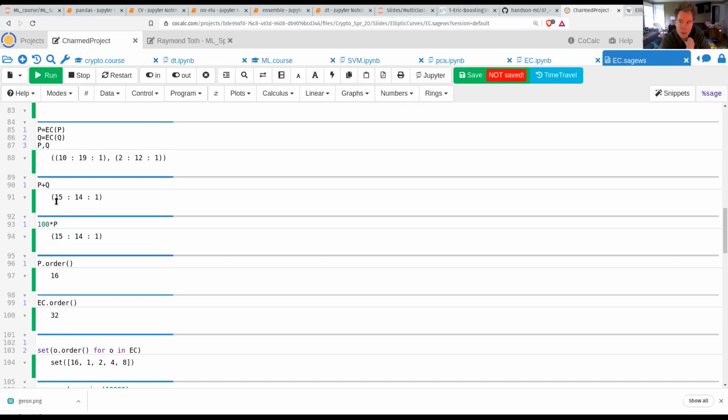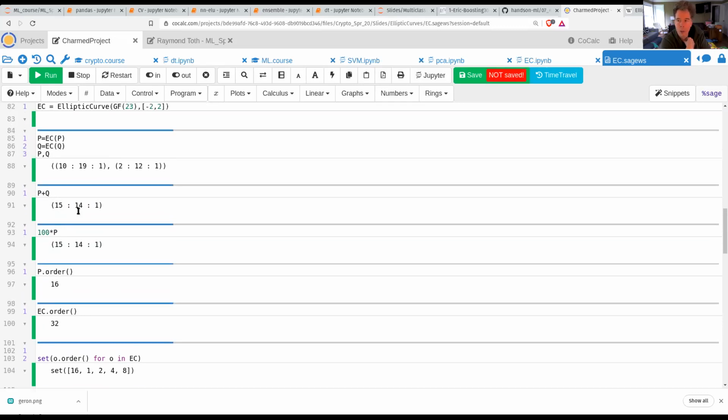But this sum is computed using the group law that we just described. So it's not the case that 10 plus 2 is equal to 15. No, no, no. It's not that simple. It's the rule that we just outlined. You can also compute big multiples.